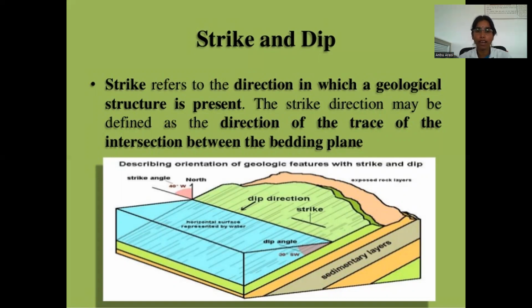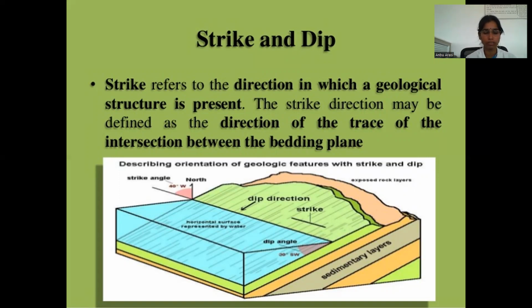The dip is classified into two types. One is true dip, another one is apparent dip. True dip. The dip measured in a direction at right angles to the strike direction is called true dip. Then apparent dip.